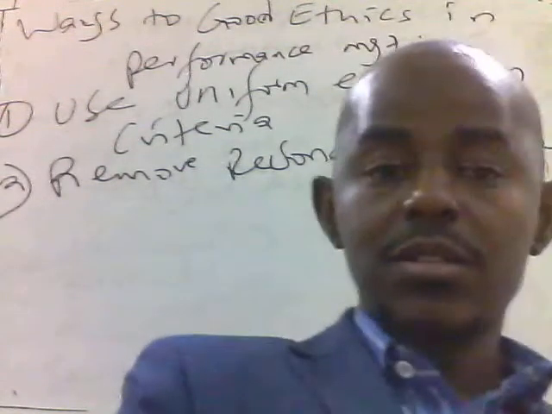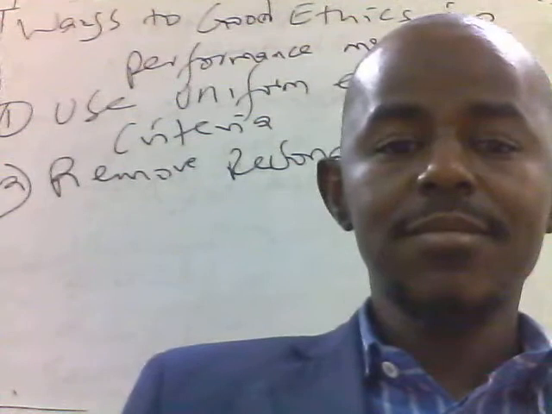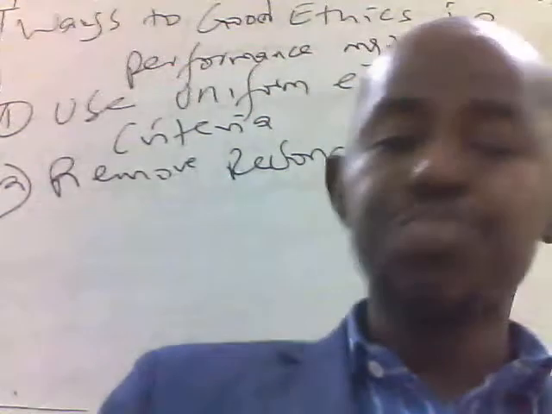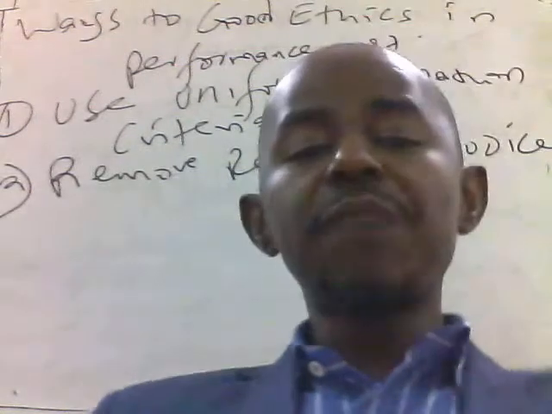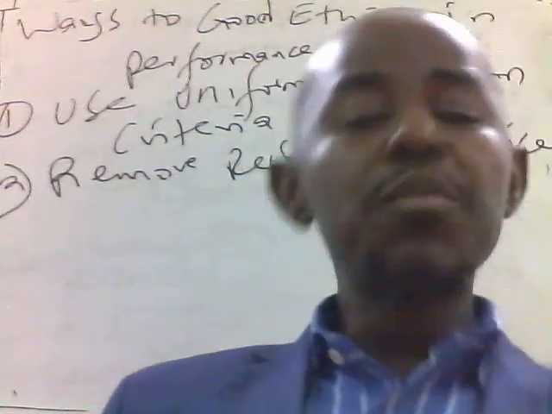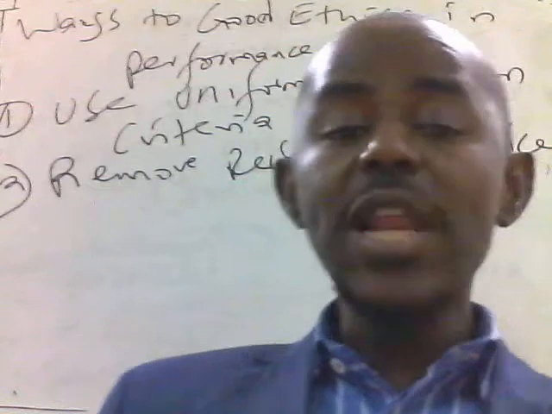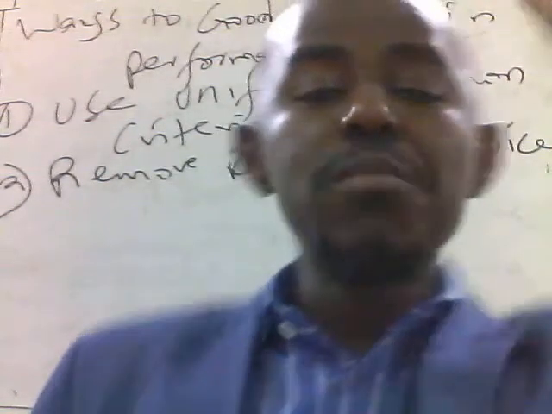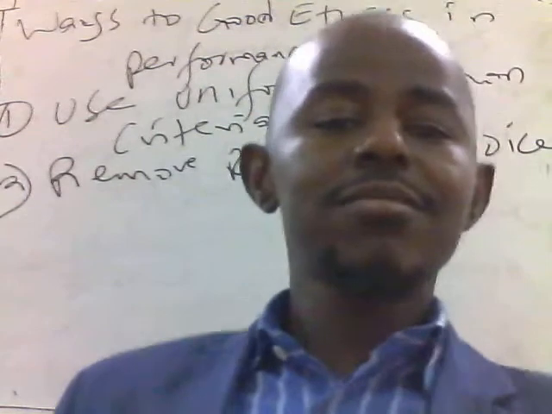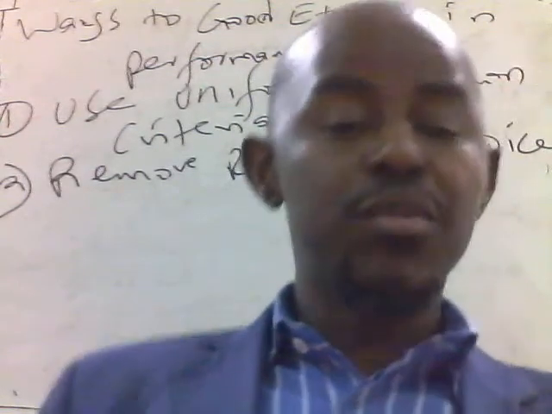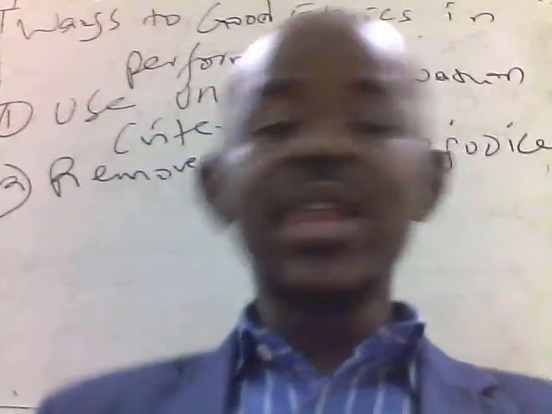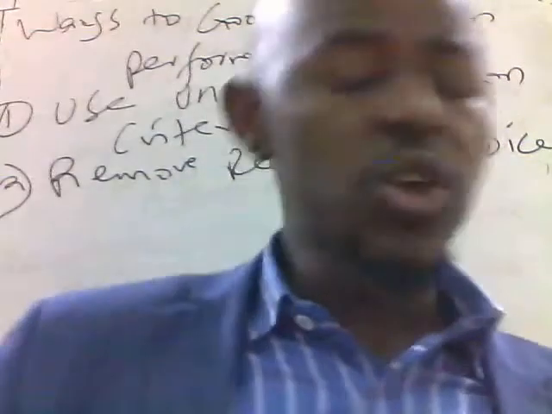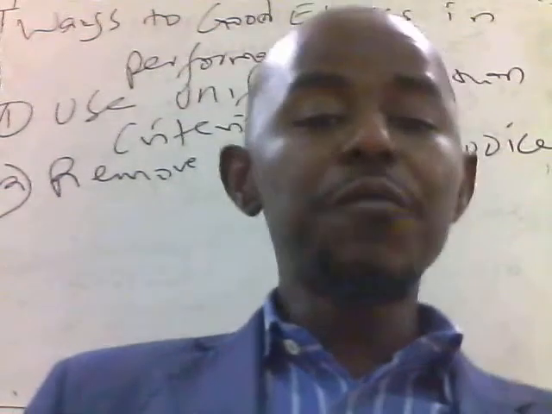Remove that in order to ensure that you are as objective as possible. You don't like people who are short. You don't like people who are fat. But you are supervising them. Remove those prejudices against people, whether they are short, fat, tall, or skinny. Remove those personal prejudices in performance management.